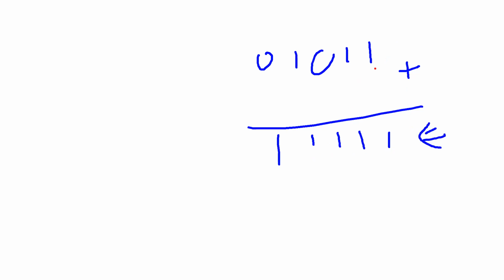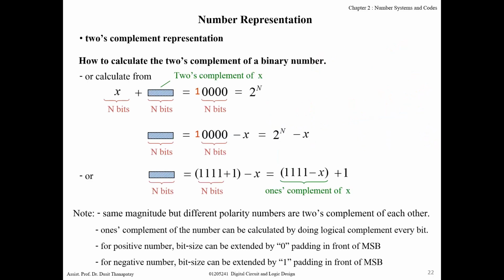What's the number? 0 at here, 0 at here, 1 at here, 0 at here, and 1 at here. So this number is the 1 complement of this number. You just invert each bit, 1 to 0, 0 to 1, and then you obtain the 1 complement. So when you add 1 to this 1 complement, you get the 2 complement of x.